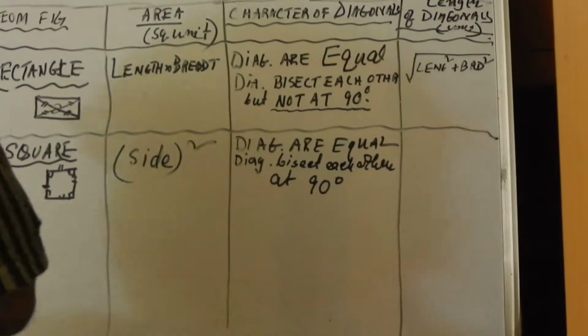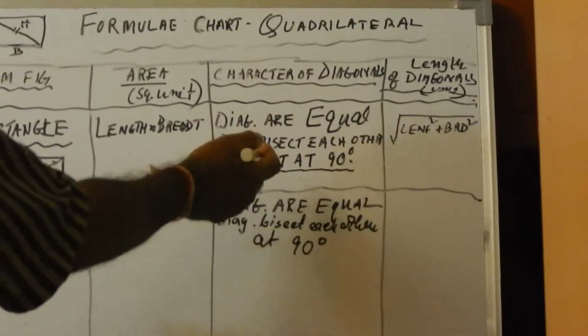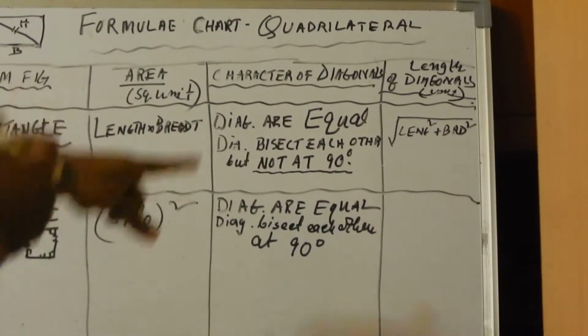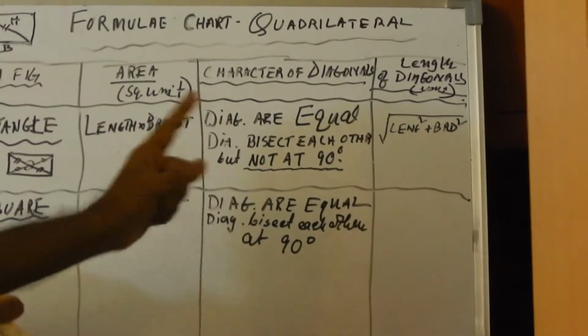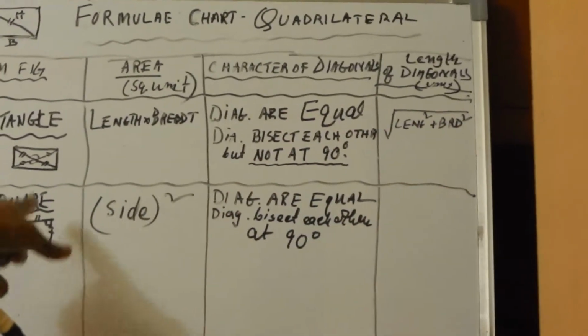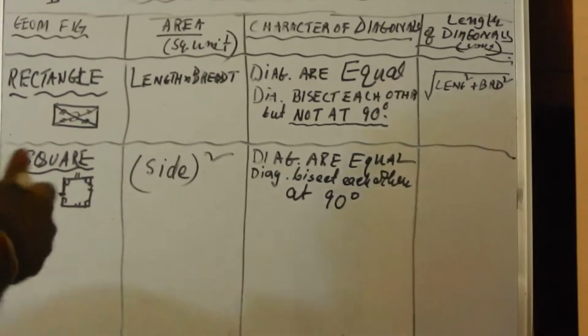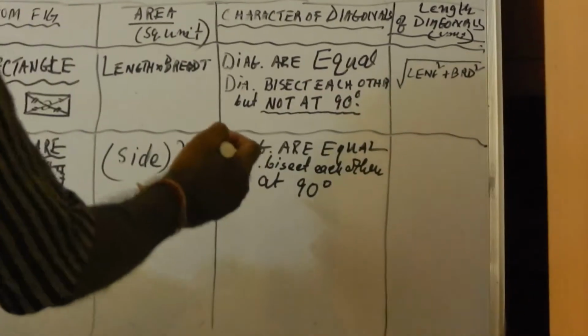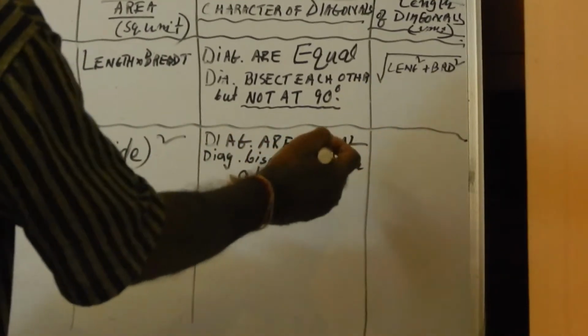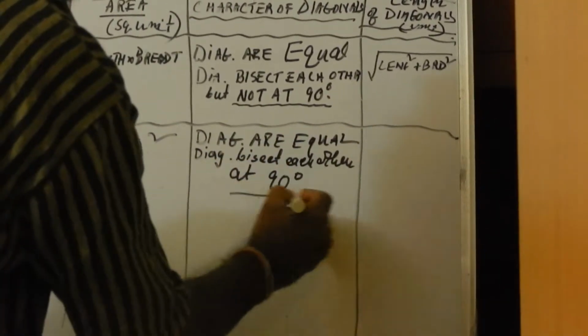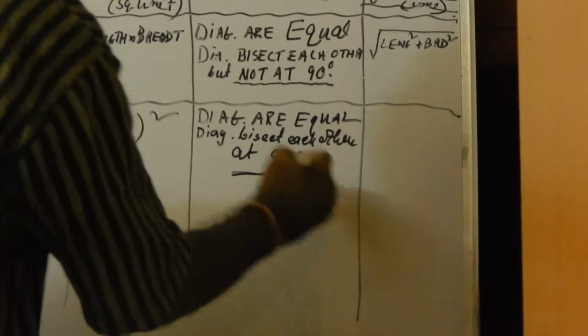But the only difference is, in case of rectangle the bisection angle was not 90 degrees, but here it is 90 degrees because all the sides are equal and all the angles are 90 degrees. So diagonals are equal here and they bisect each other at 90 degrees, and it was not at 90 degrees there.